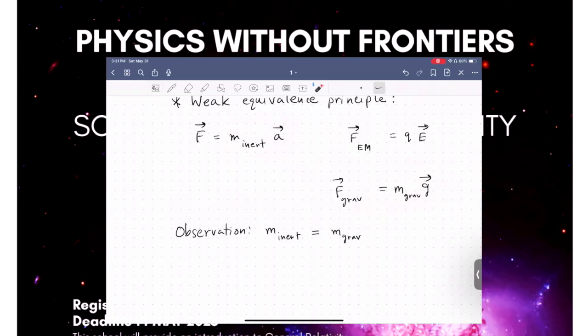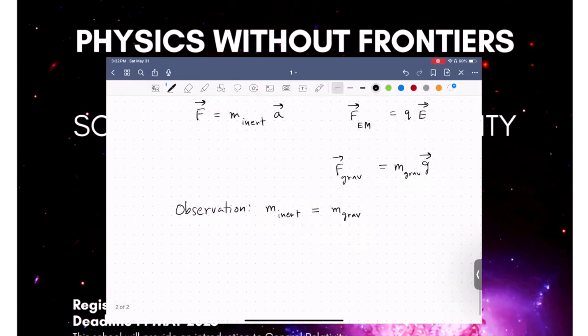So what that means is that if you put some object in a gravitational field, then regardless of the mass of that object, it will accelerate at a fixed rate, right? So the acceleration of an object in a gravitational field does not depend on its mass. And that is a consequence of the fact that these two things are the same.